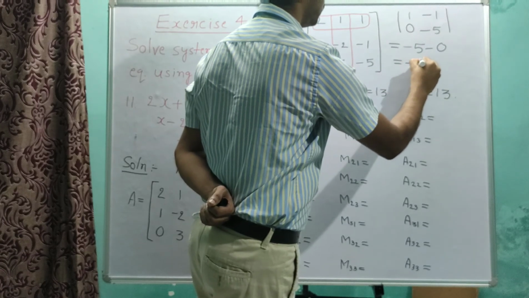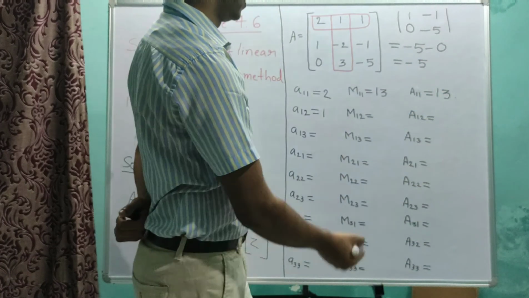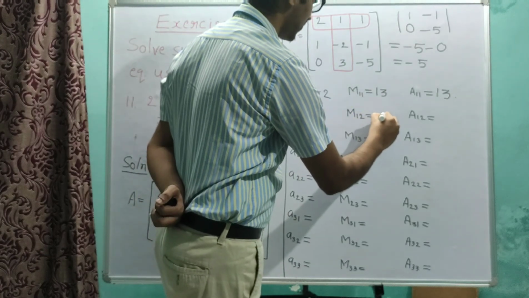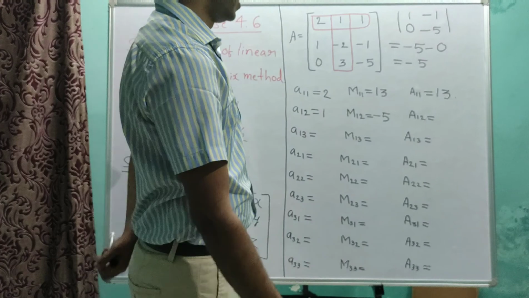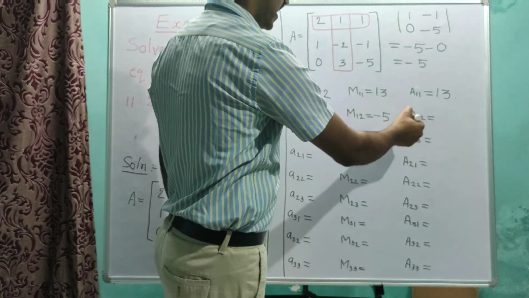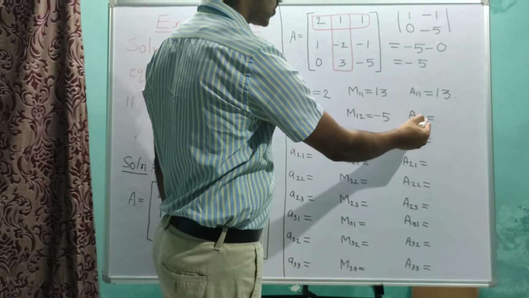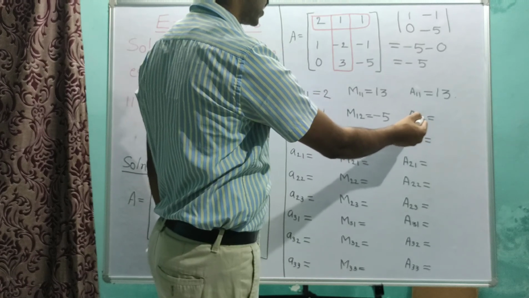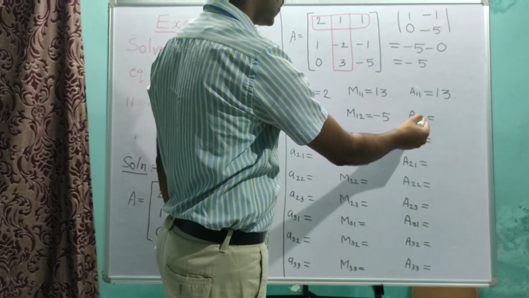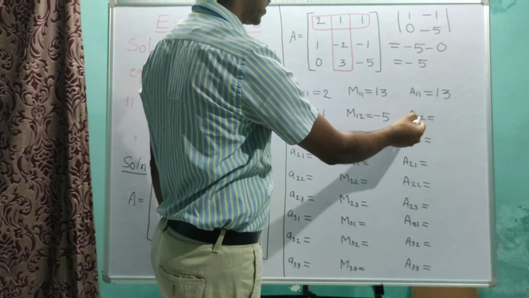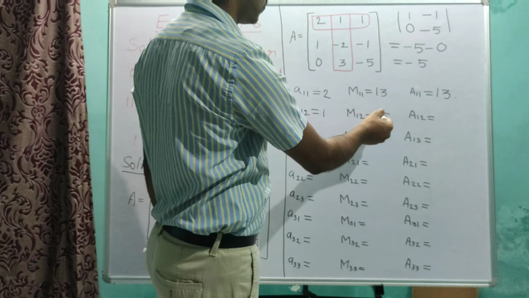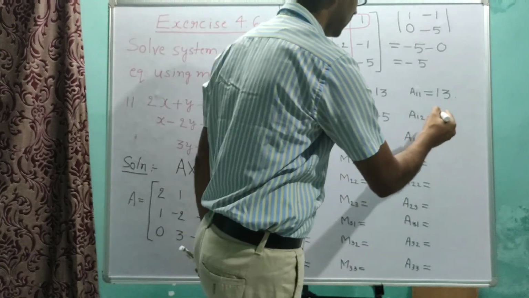That is equal to minus 5. So the minor M12 becomes minus 5. And cofactor A12: here 1 plus 2 means 3, which is odd. So whenever the sum of the suffix is odd, the cofactor will be the negative of the minor. So negative of minus 5 becomes 5.